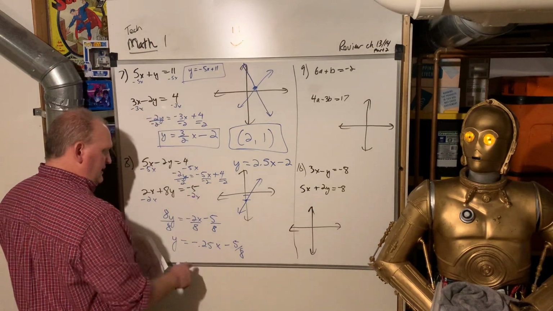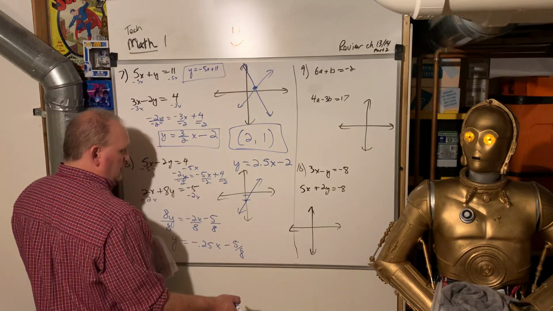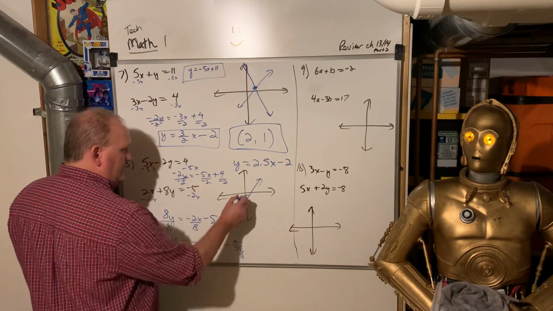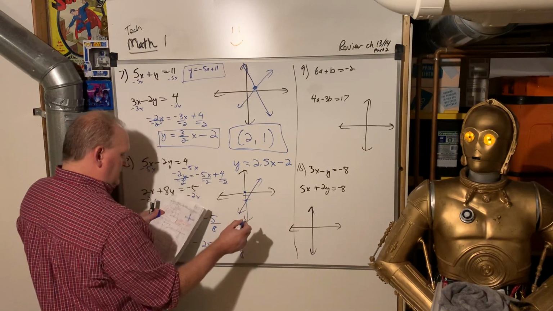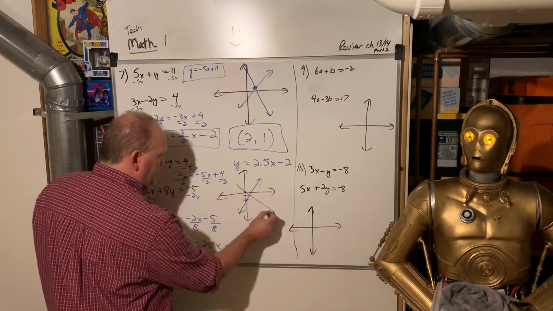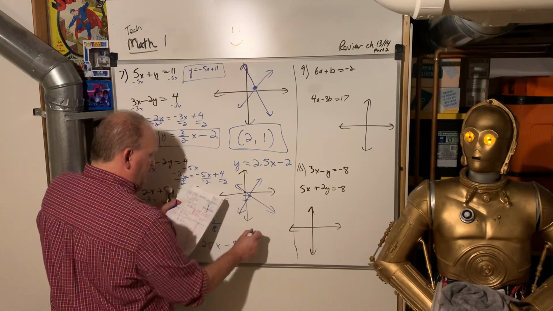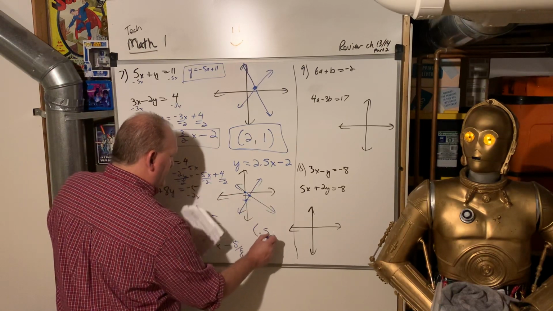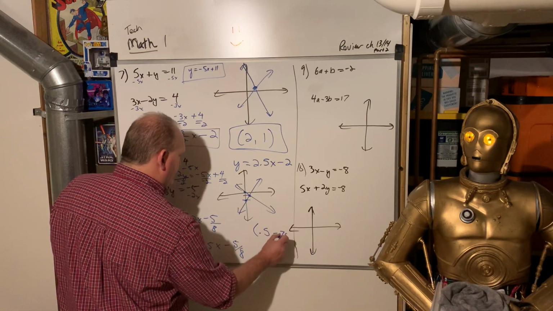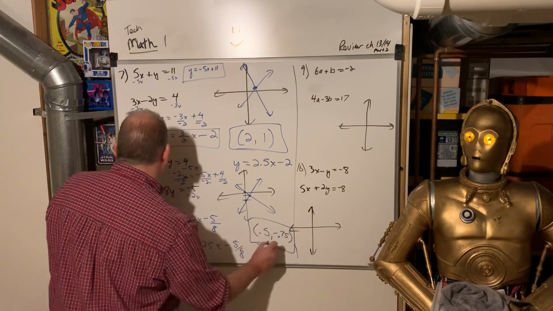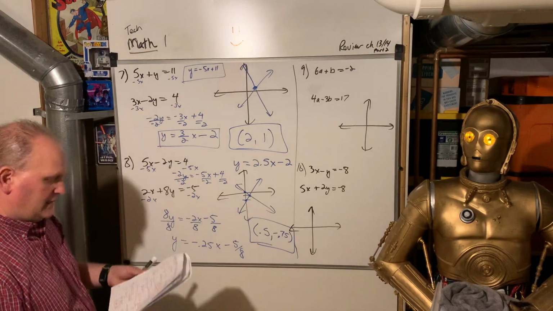And so you graph that. That's just a scooch over 0, and then when you graph it, it finds that point of intersection to be 0.5 comma negative 0.75. All right, so that's number 8.